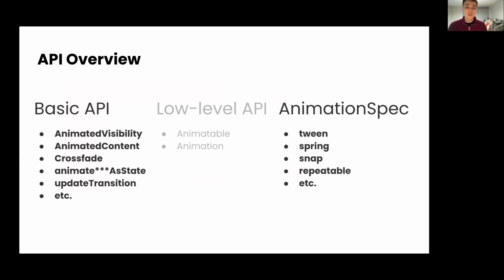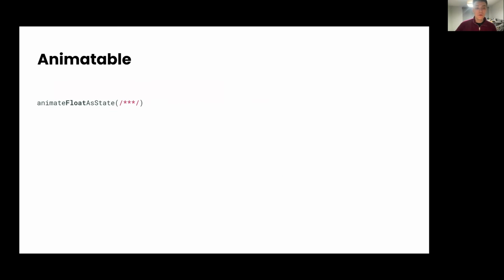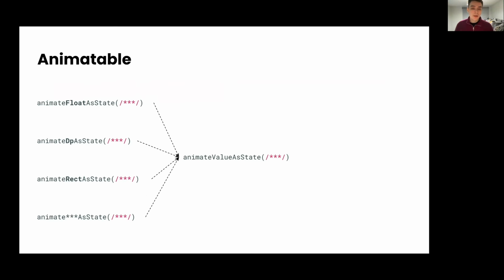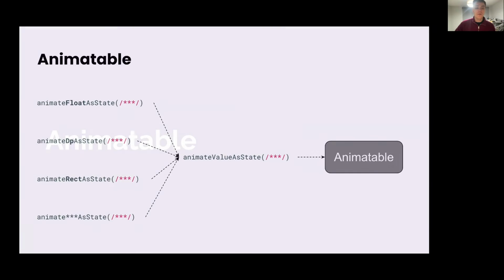This means that we have to go deeper and see how it works under the hood. If we recall animateFloatAsState and all the other animate-as-state functions, all of these functions internally use the animateValueAsState function. And this animateValueAsState function internally uses an Animatable object.